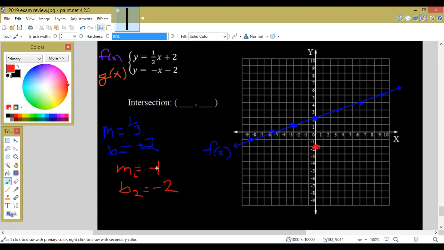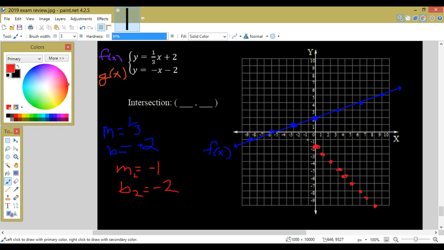And then this negative 1 means that it rises 1, runs 1. So it goes down 1, right 1. Down 1, right 1. And you keep doing that until you can't go any further off the grid. And then you go back to the starting point and do the opposite.